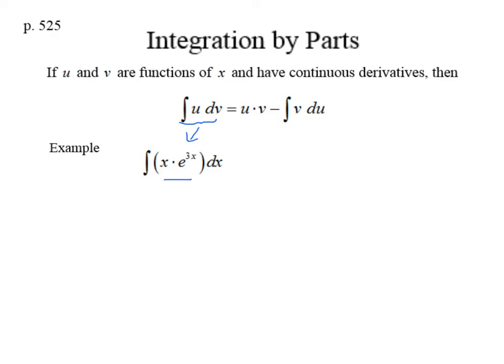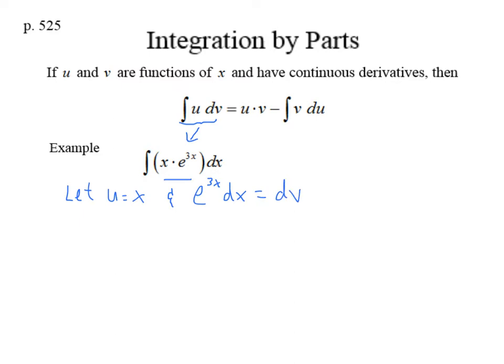So I'm going to let u equal x. And then everything else that's in your integrand needs to be the dv. All right, so we're going to say that e to the 3x dx, you got to include the dx also, is equal to dv.